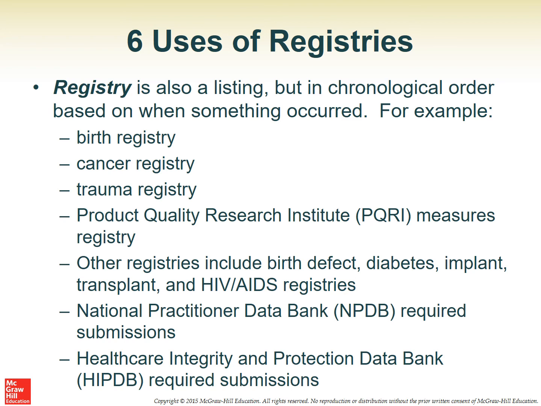Other registers include birth defects, diabetes, implant transplant, and HIV/AIDS registers. The National Practitioner Data Bank and the Healthcare Integrity and Protection Data Bank require submissions. These are examples of register uses.